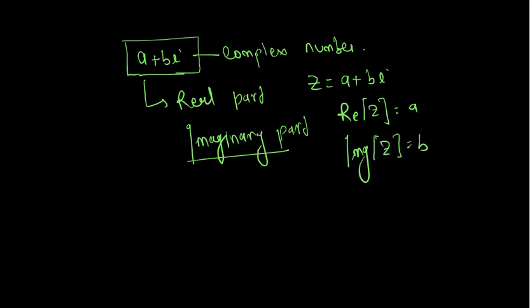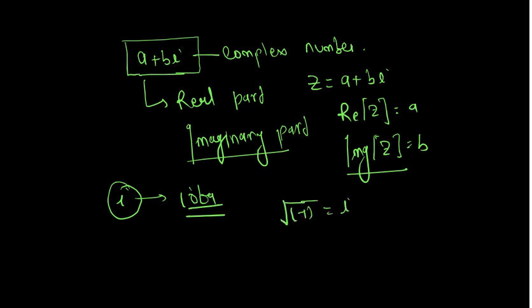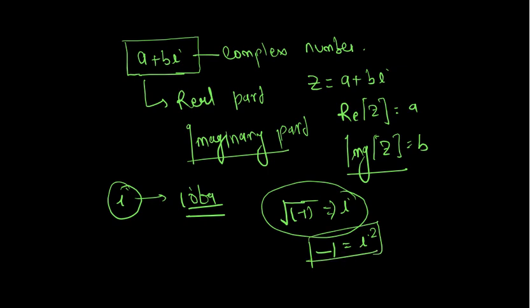Clear? So actually this i has a different name, we sometimes call it iota. Actually the square root of -1 is nothing but i. So I can say -1 is nothing but i square. So for complex numbers keep in mind iota square is equal to -1.